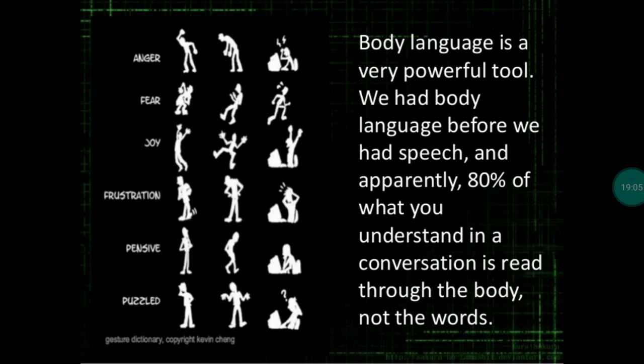See, body language is a very powerful tool. And we have had it long before we had speech, and most of the time, whatever you understand from a conversation, 80% of that is through the use of body language or nonverbal behavior.